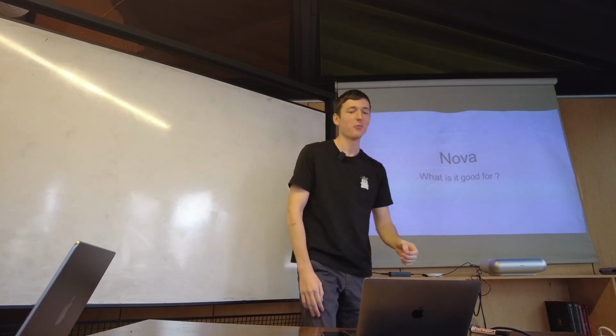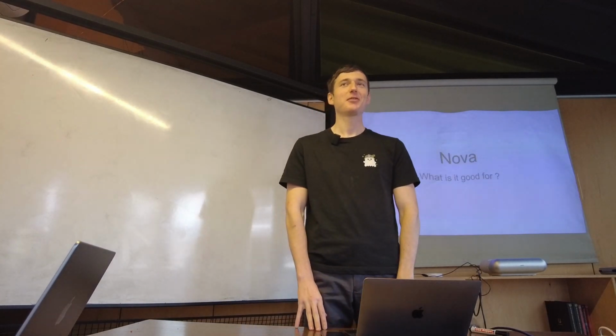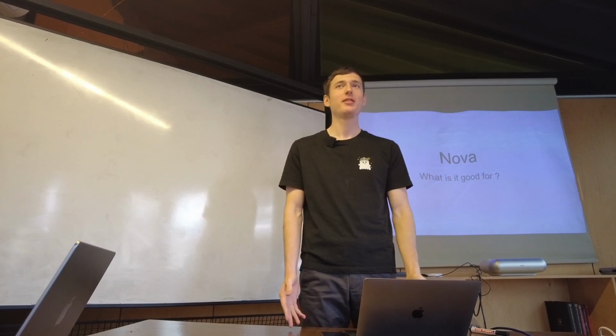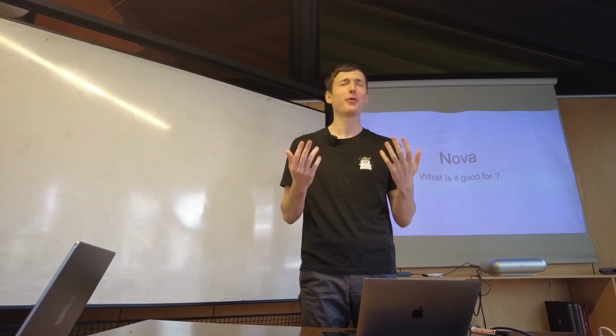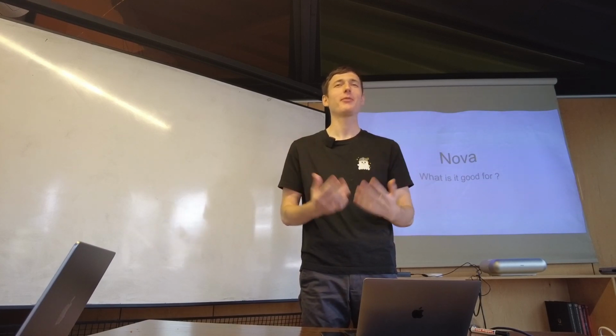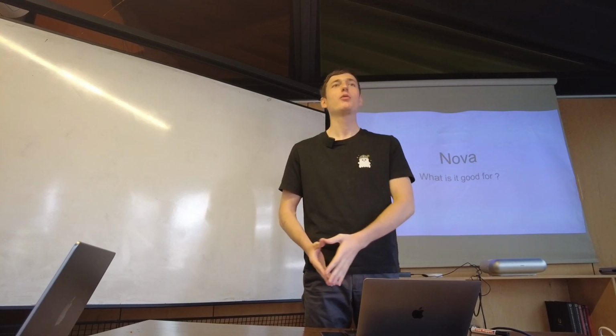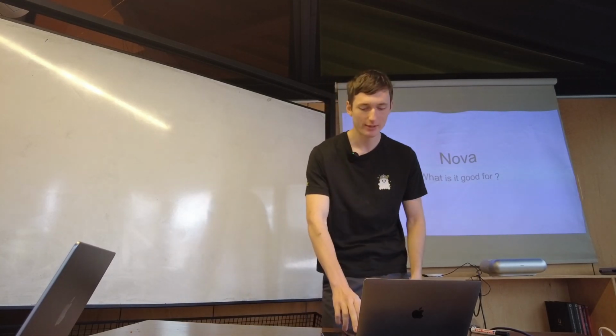So one question you might ask yourself is, okay, we have Nova, that's cool. What good is it for? Are we just doing it for fun or because it's beautiful mathematically? Or do we actually want to prove things using this? And one really cool thing we could do is a VM, right?